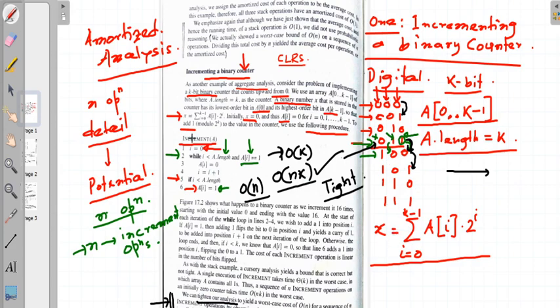This is how the CLRS book is to be read, and it is really enjoyable if we understand all these things. That's why I have taken the document directly from the CLRS book, and we are trying to comprehend line by line what it says. Many students feel that the CLRS book is not readable.